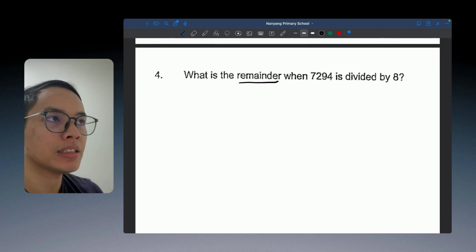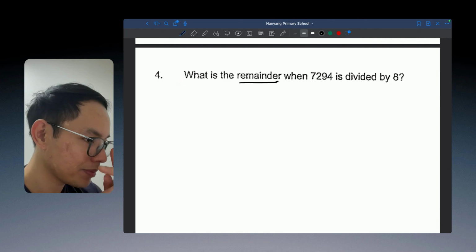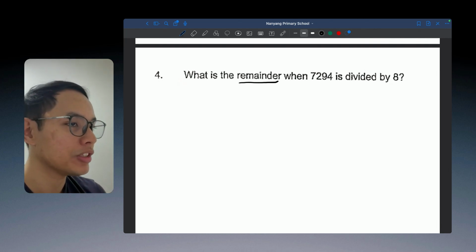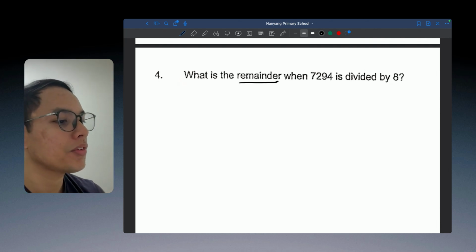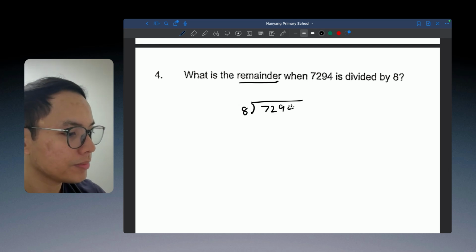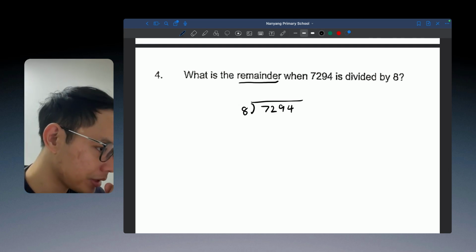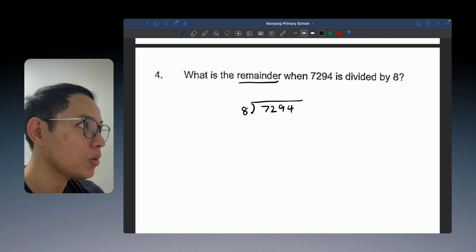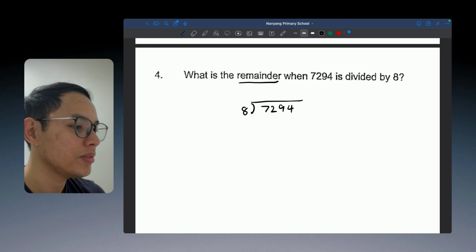We're not looking for the answer. We're looking for the remainder. Okay, so what you can do is you can just divide. Okay, so you have 8 and then you divide 7294. Okay, so what you can do is that you can see what is the remainder as what you see over here.